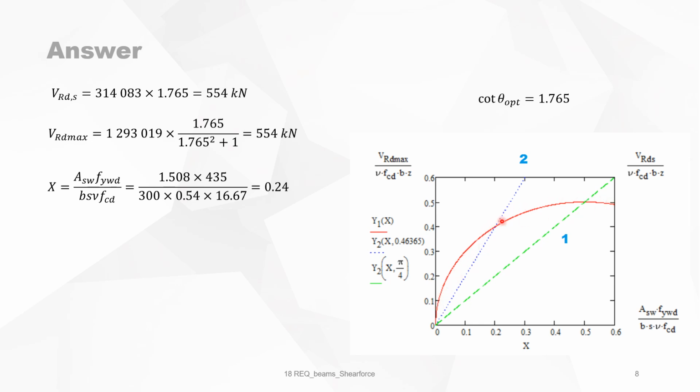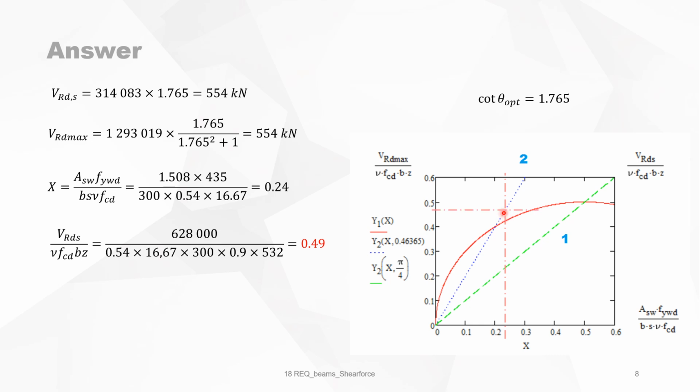Now, if we take our first solution with cotangent theta 2, then X was 0.24, it's somewhere there, and cotangent theta 2, so it means that VRDS, this value here, is 0.49. That was the first solution that we had found, but you see clearly it is outside the maximum allowable values for the compression field.